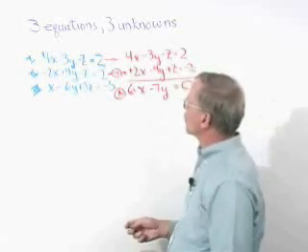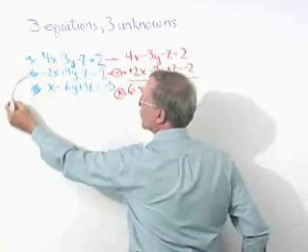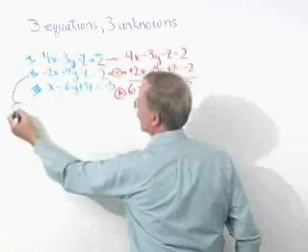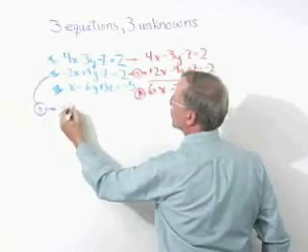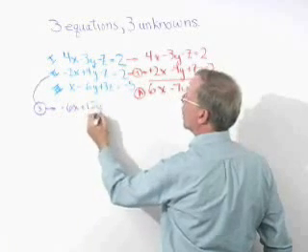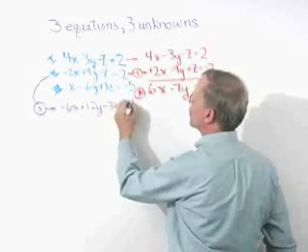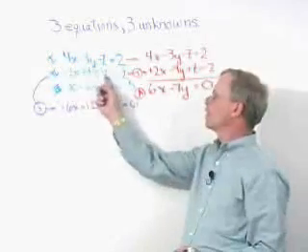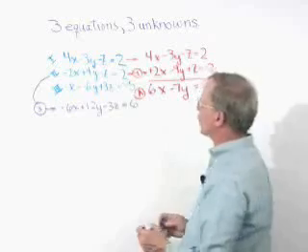It looks like we could do that easily by taking the second equation and multiplying that by 3. That would give us negative 6x plus 12y minus 3z equals 6. Multiply every term, including on the other side, the constant, by that number.